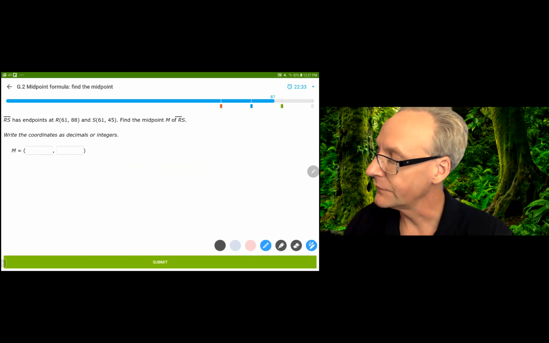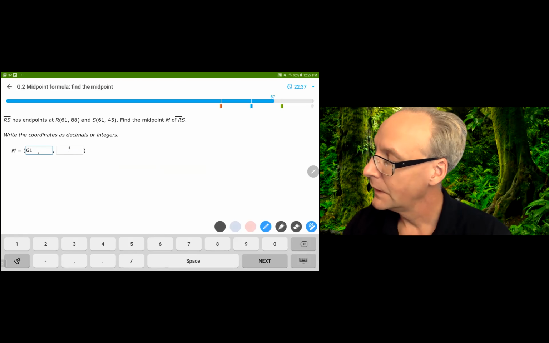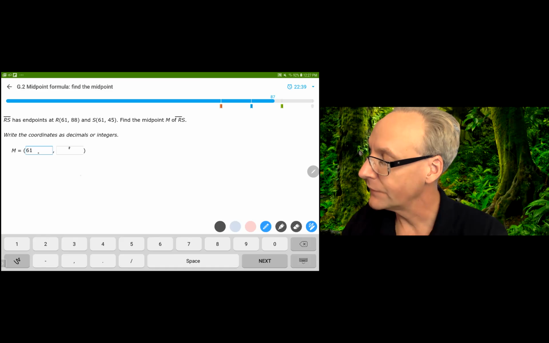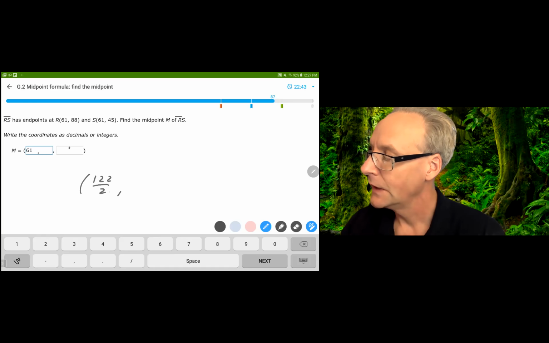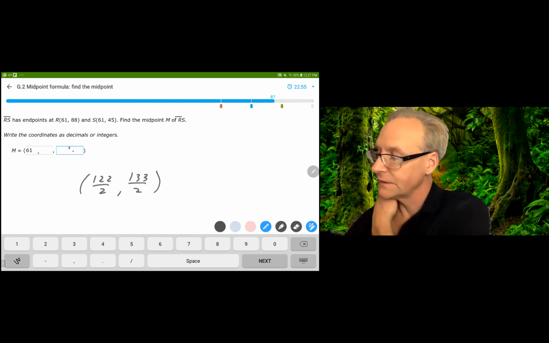And in this one, we've got 61 and 88 and 45. I'm going to go ahead and put the 122 over 2, which is 61. And the 88 and the 45 makes 133, it looks like, over 2. And 133 over 2 is going to be 66.5.